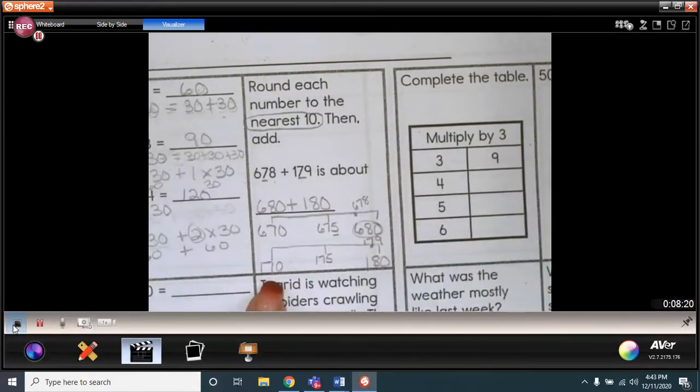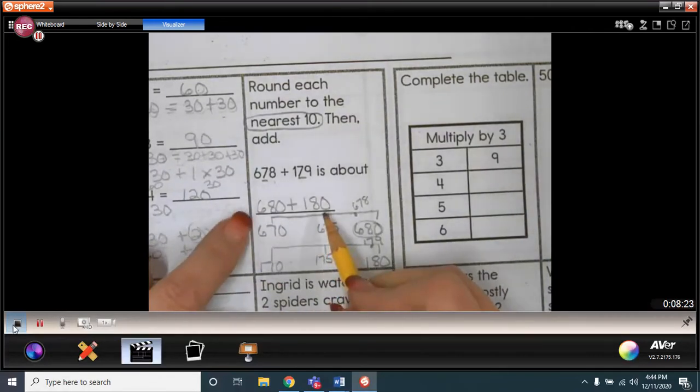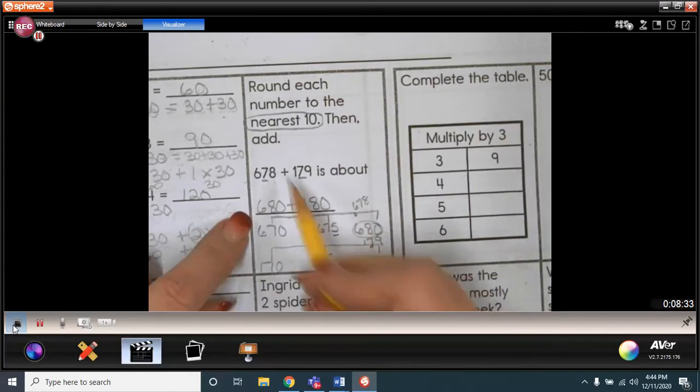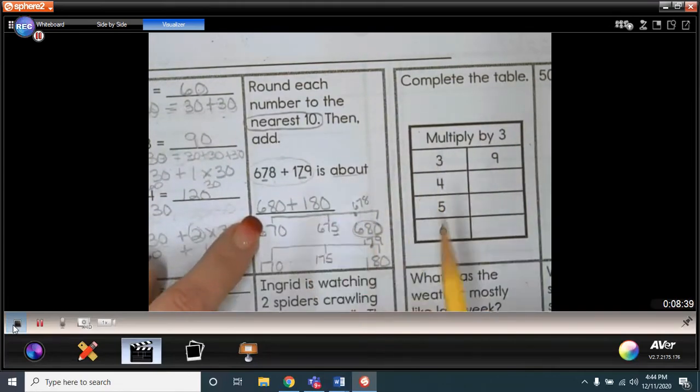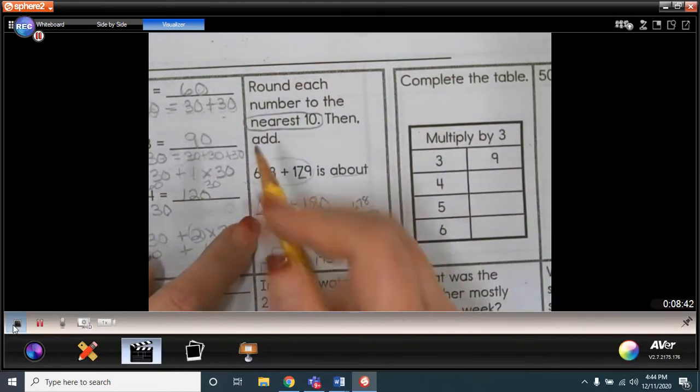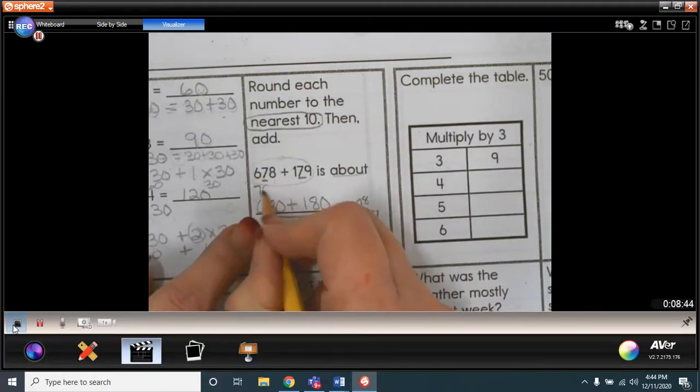So now we're going to take and add these 2 rounded amounts. Remember, this is not the exact sum that we're finding. This is the estimated sum. It's about, when I go to add these together, it's going to be about close to this amount here. So 600 plus 100 is 700.